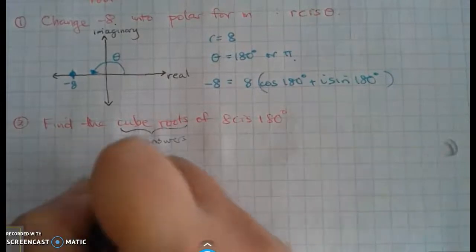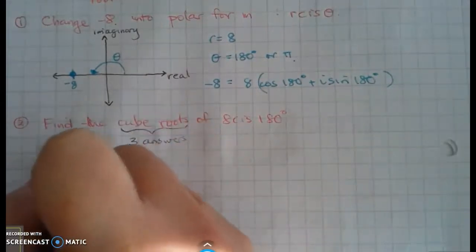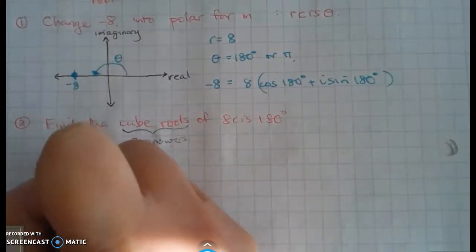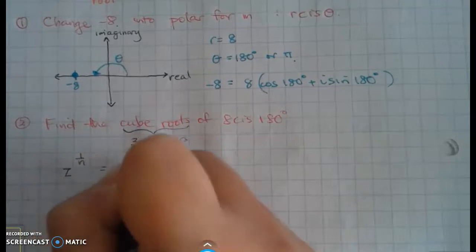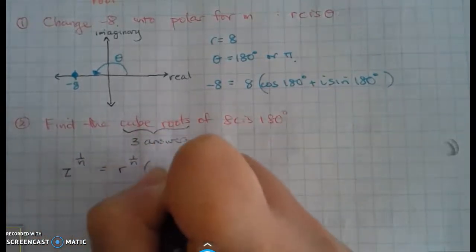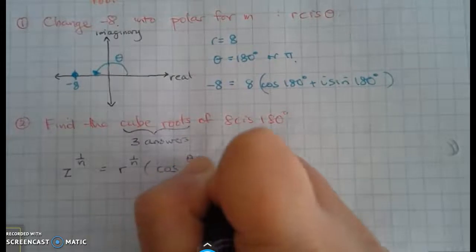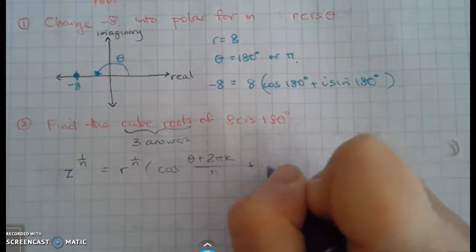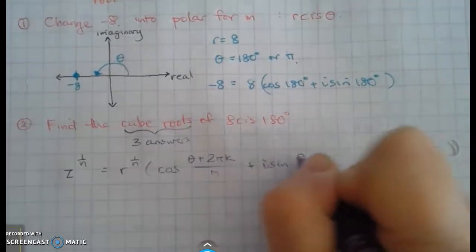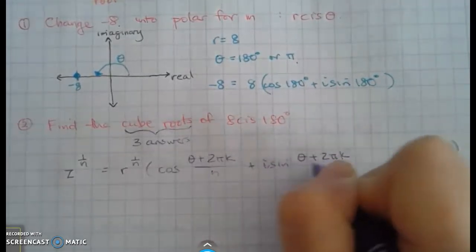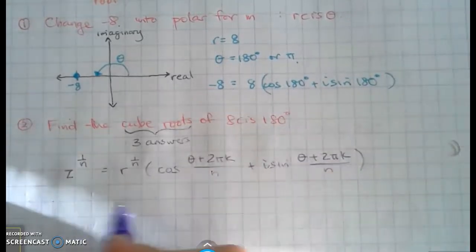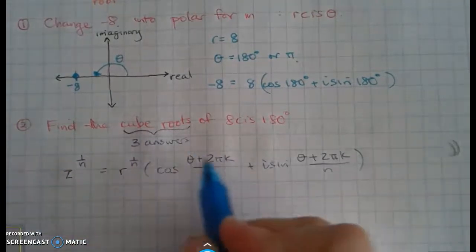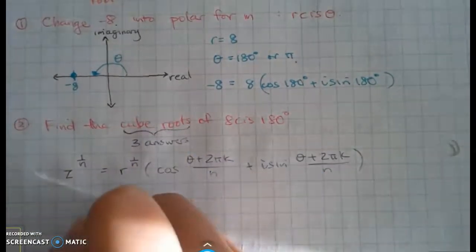So the formula says z to the power of 1 over n is going to be r to the power of 1 over n, times cosine of theta plus 2 pi k divided by n, plus i sine of theta plus 2 pi k over n. I am actually going to rewrite that, breaking this into 2 separate fractions, and you will see why.